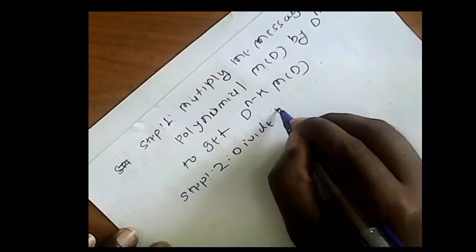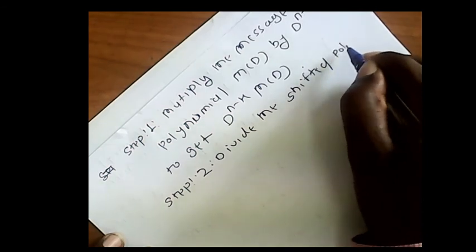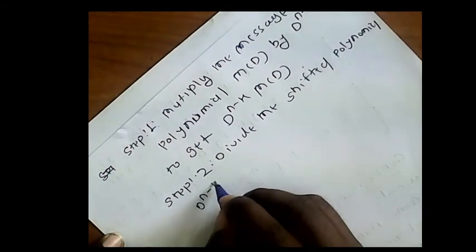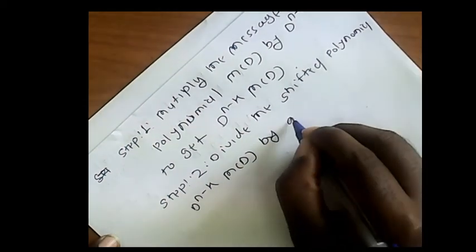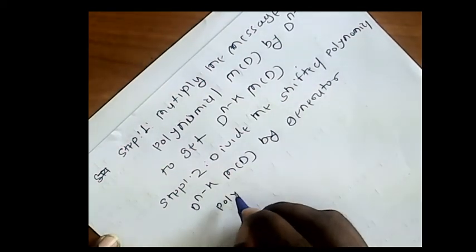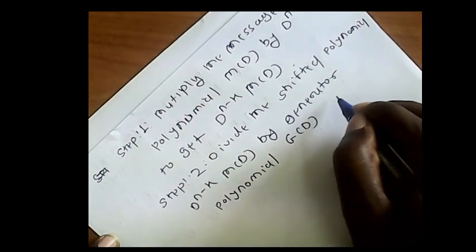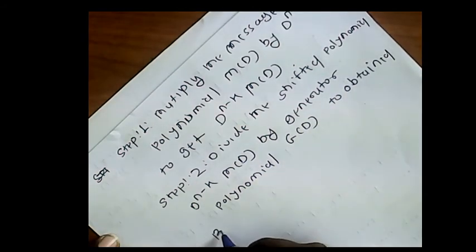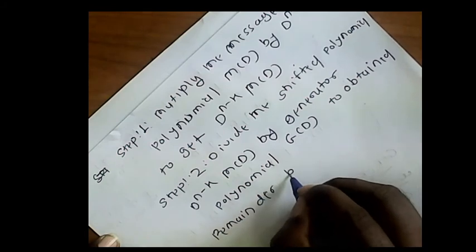Then step 2: divide the shifted polynomial obtained as result 1, that is d raised to n minus k into m of d, by the generator polynomial g of d to obtain the remainder b of d.